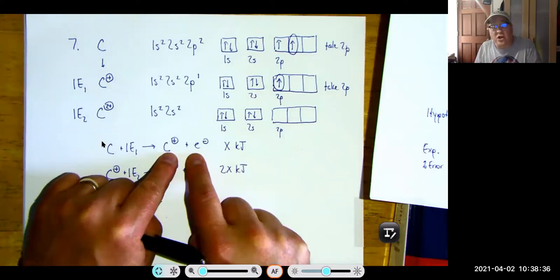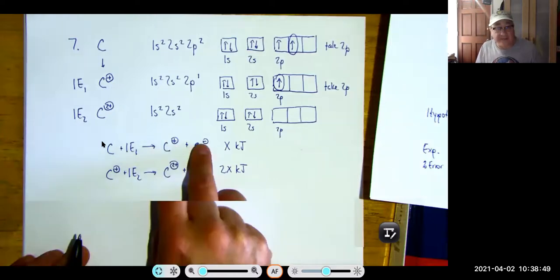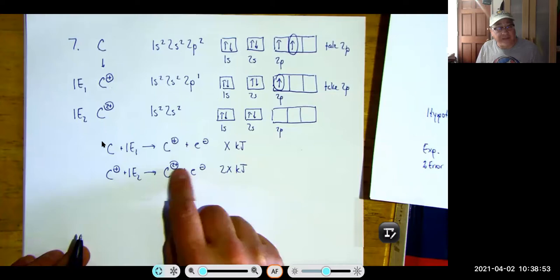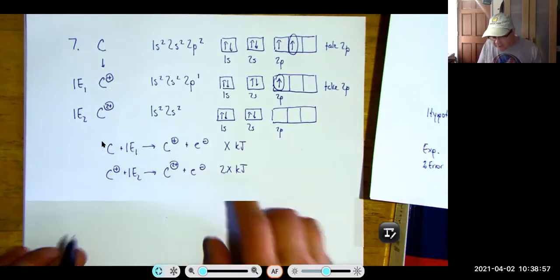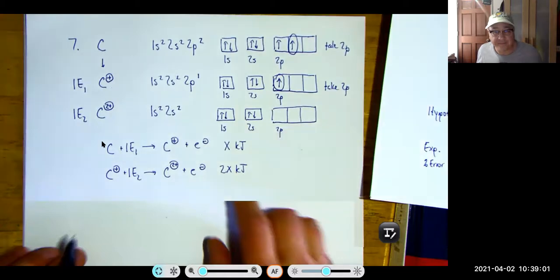The larger the charges, the more energy it takes to separate them, and it's proportional to the charge. So I can multiply this as 1 times 1 and get X, right? Well, 2 times 1 is going to be 2X. This is going to be the case because they're both 2p electrons.